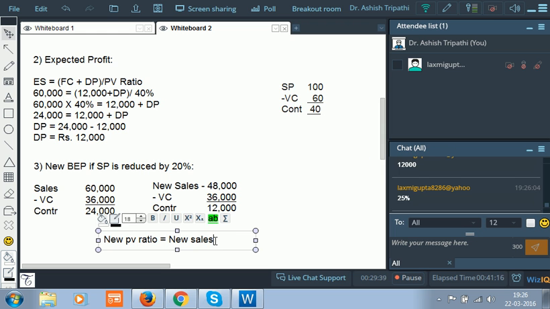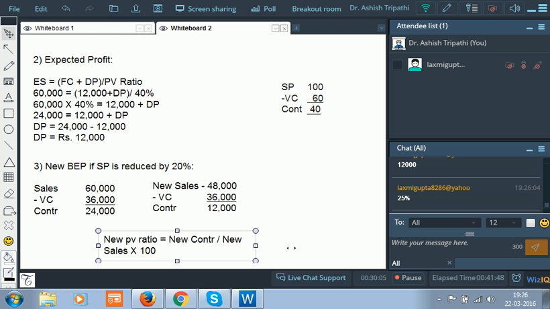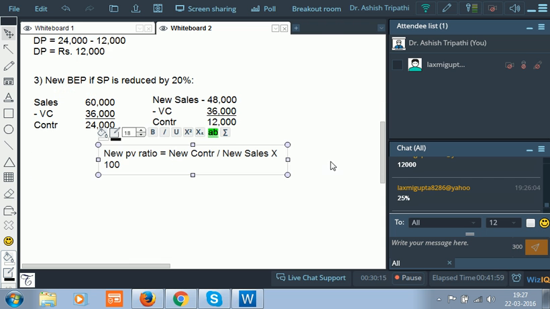Yes. So new PV ratio is equal to new contribution upon new sales into 100. So as you said, if you calculate this, we will be getting 25%. So our new PV ratio will become 25%.